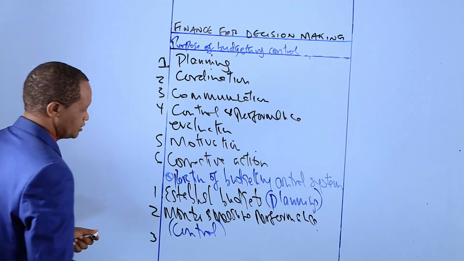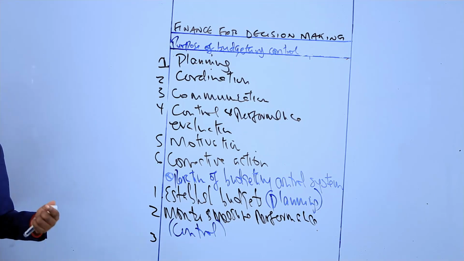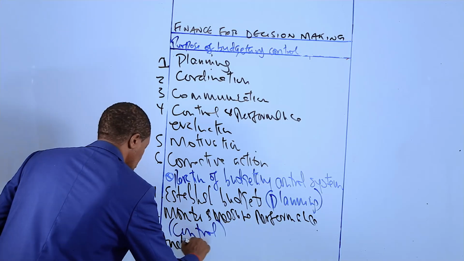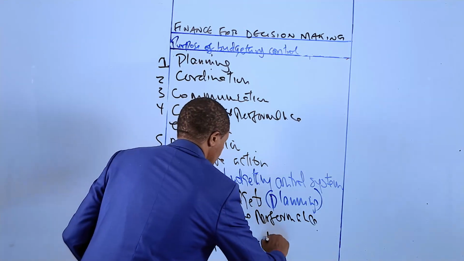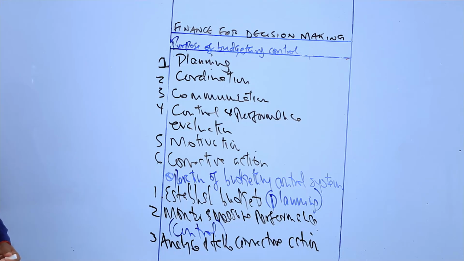Then the third step is to analyze and take corrective action. Analyzing and taking corrective action is what we call evaluation.